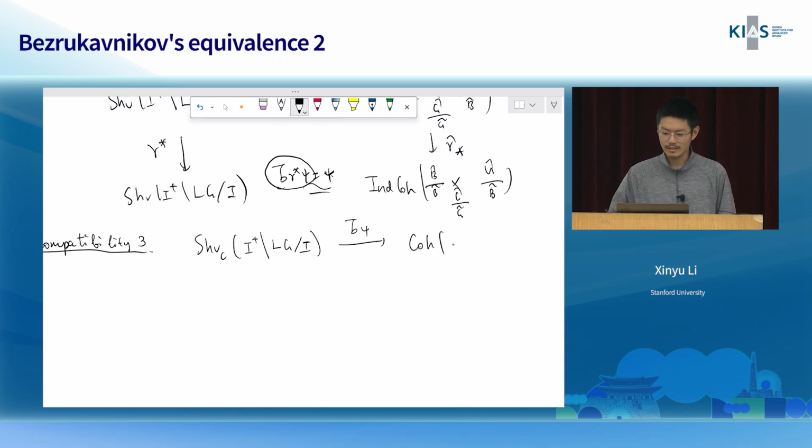So you may naively just expect that the Verdier duality on the automorphic side corresponds to the Grothendieck-Serre duality on the spectral side. But it's not quite the case, you need some small twist.